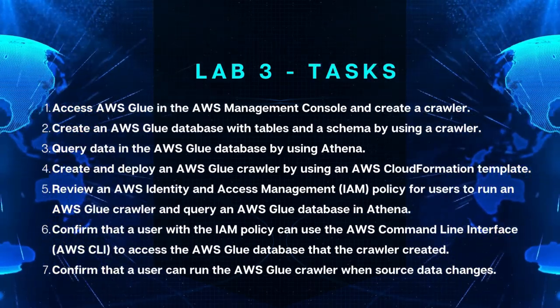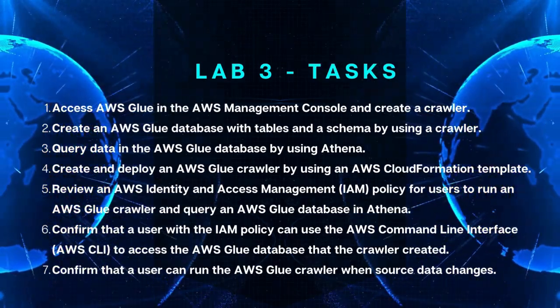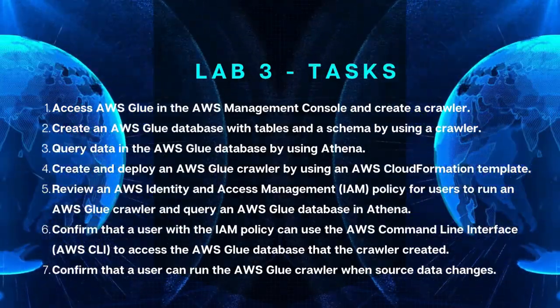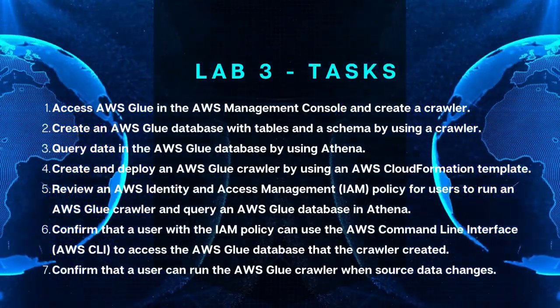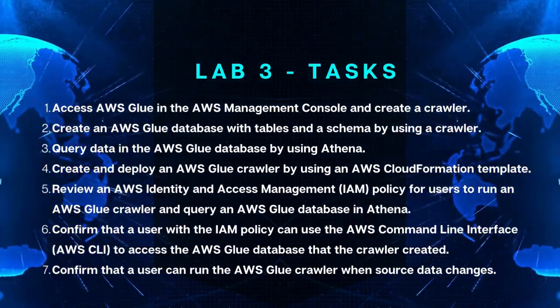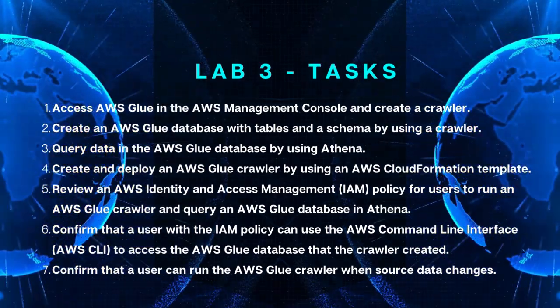We've likewise achieved automation with CloudFormation, where the CloudFormation template that we have created to automate the deployment of the AWS Glue crawler ensures that it can be reused across different environments.